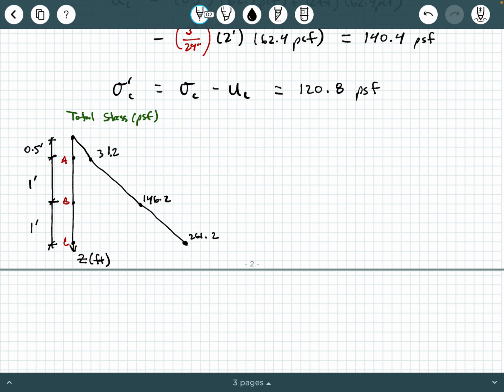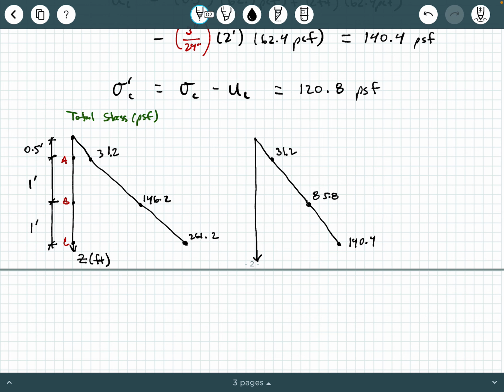And then we can draw a similar plot for pore pressure. The pore pressure plot will have the following values: 31.2, and then 85.8, and then 140.4.